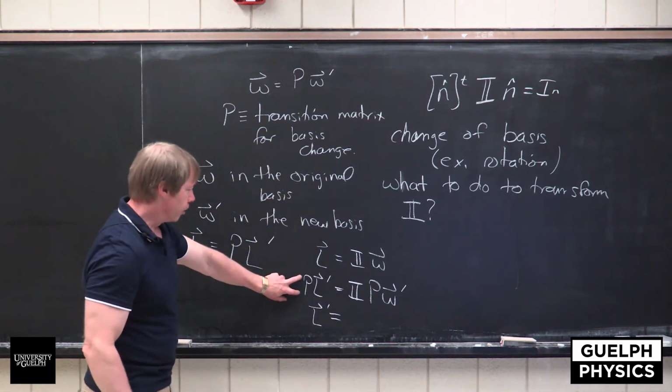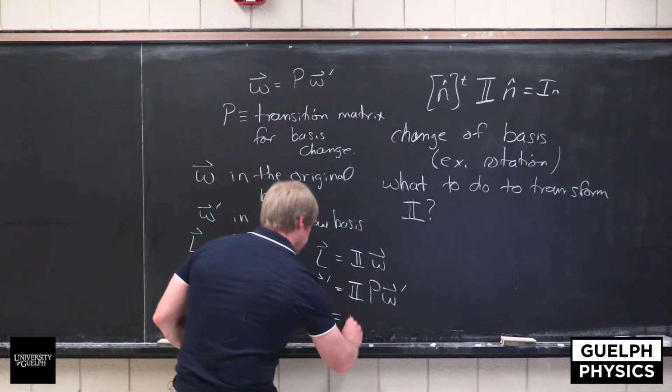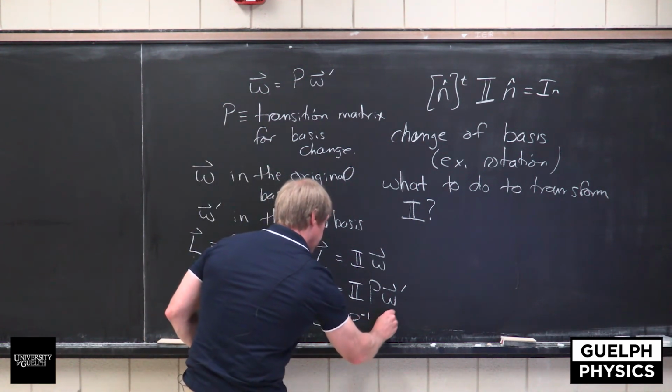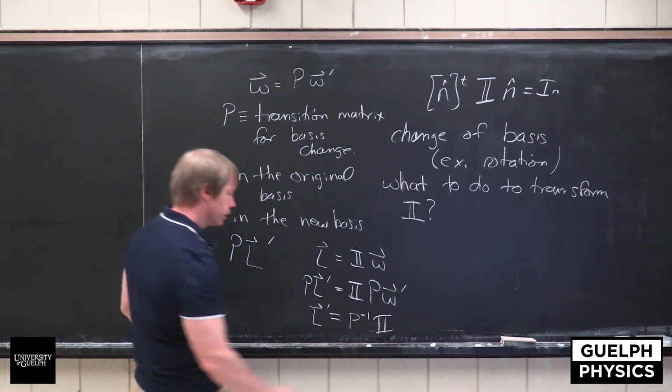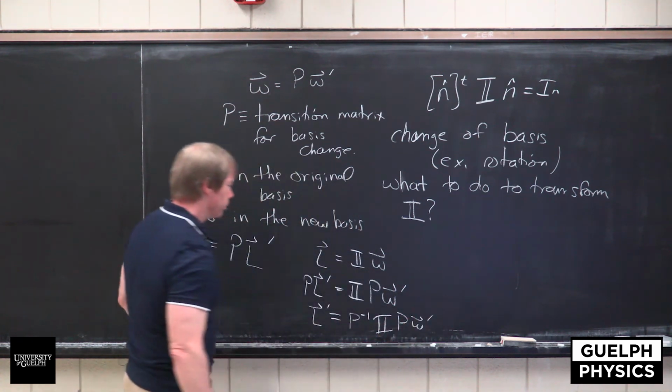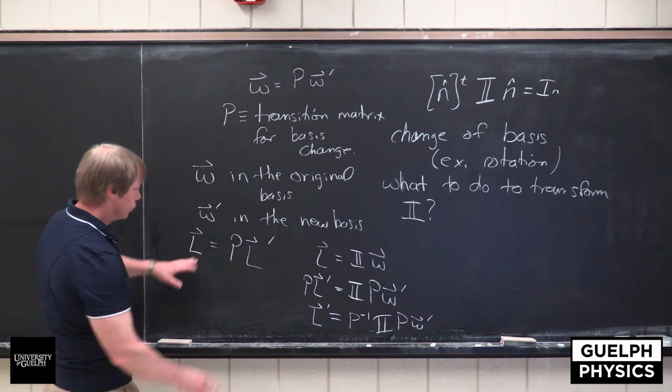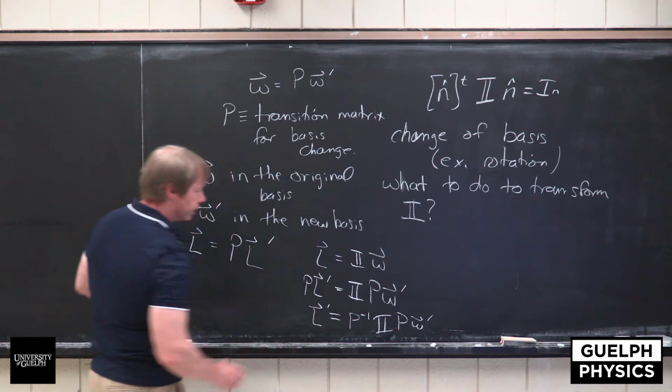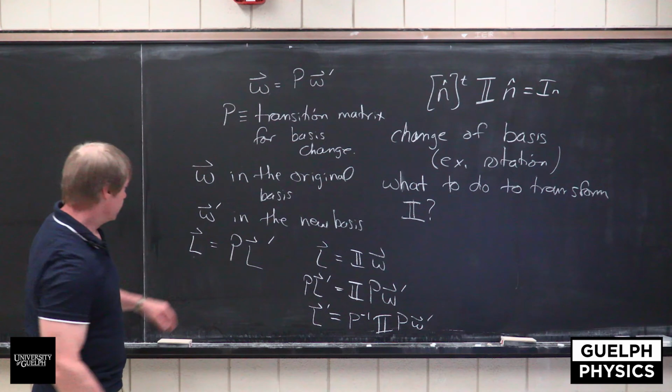So we multiply by the inverse of the P matrix, our inertia tensor, P omega prime. And we can compare these expressions.